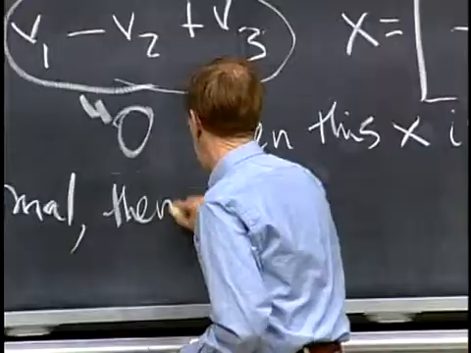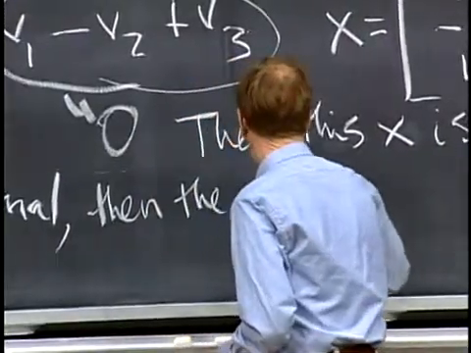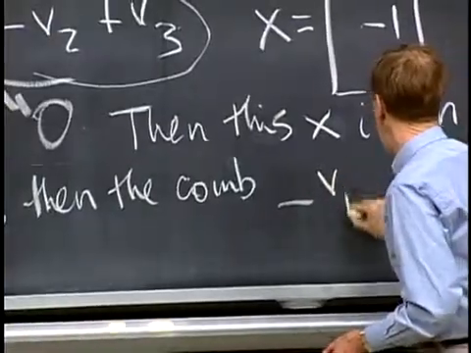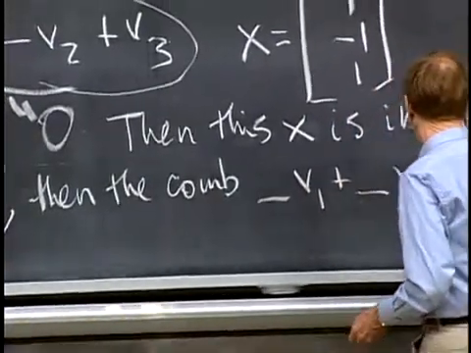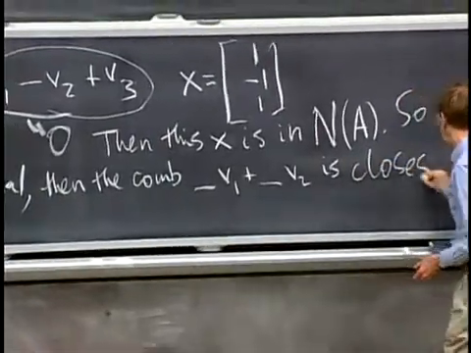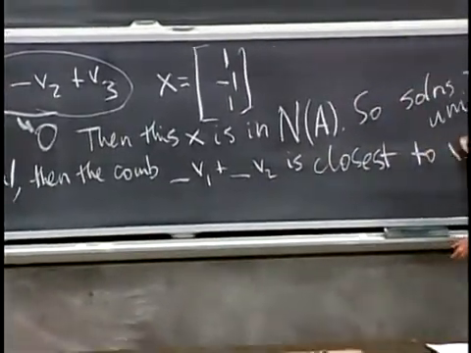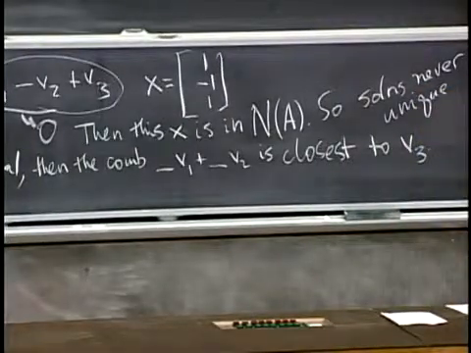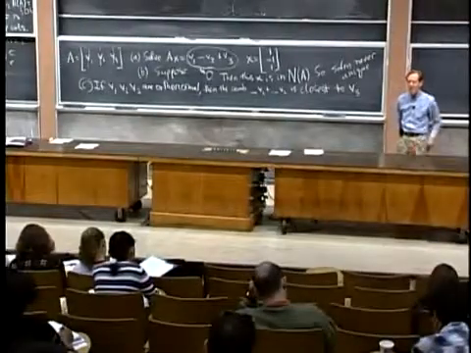Then the combination, something times V1 plus something times V2, is the closest combination to V3. And what's the answer? What's the closest vector on that plane to V3?